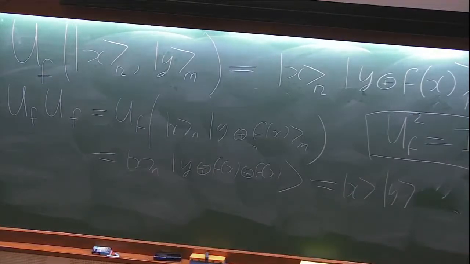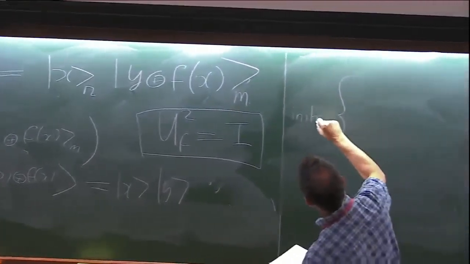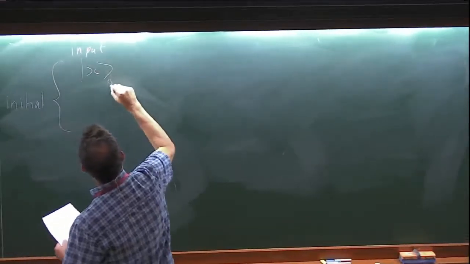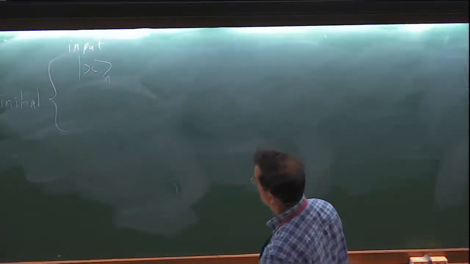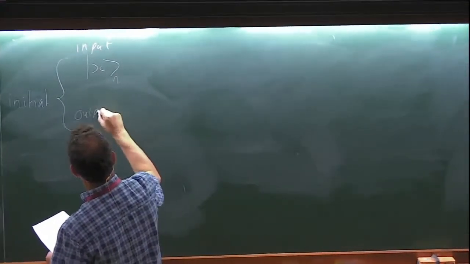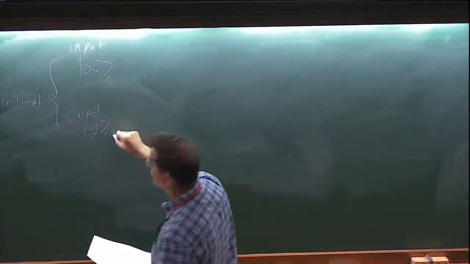Let me just draw this as a circuit diagram. I hope it will be clearer. There's some initial state, and there's an input register containing n qubits, and there's a so-called output register which will be initialized in some convenient way.